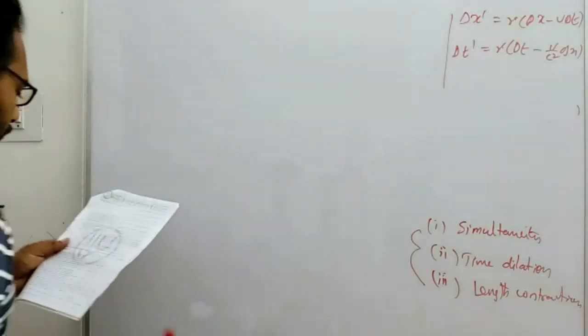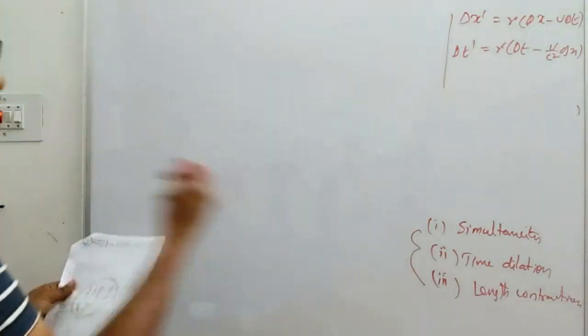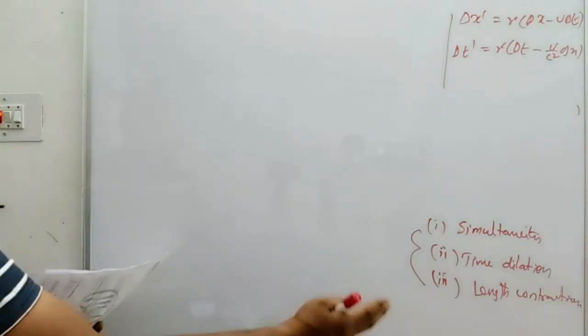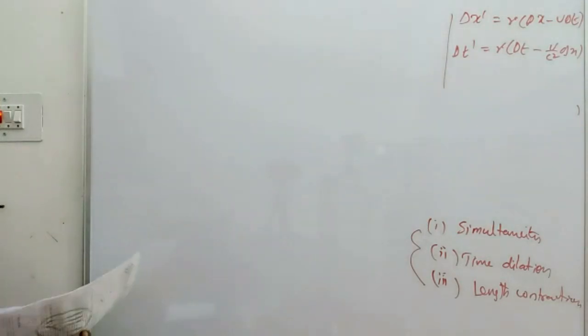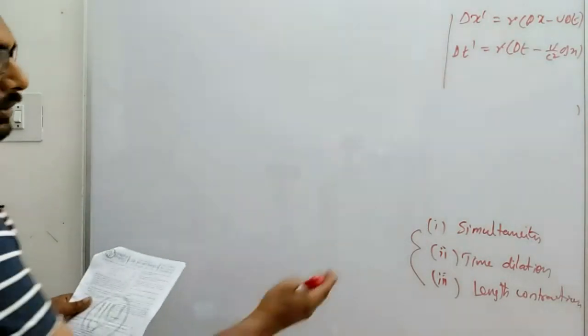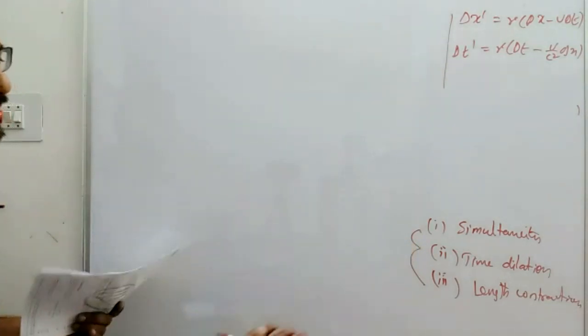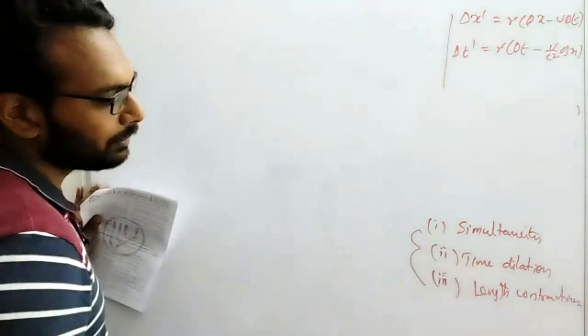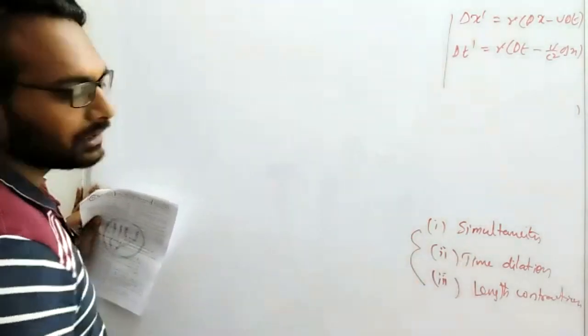All these things are actually in your syllabus, either in classical mechanics or in electrodynamics. So even the geometric formulation. Earlier, they didn't really ask questions from the Minkowski geometry part, but nowadays they ask questions from there.